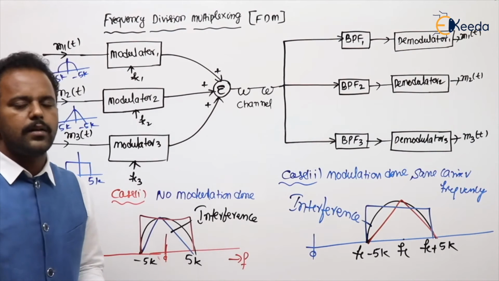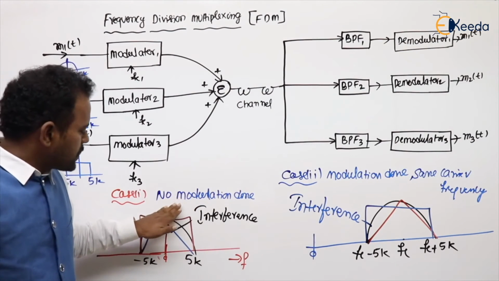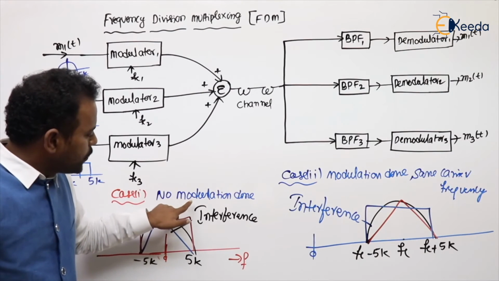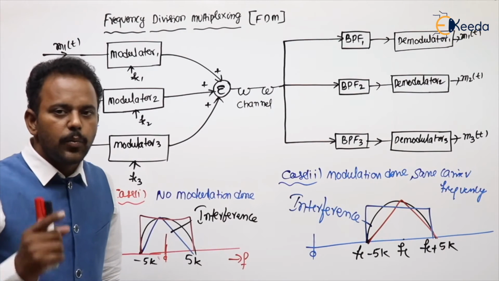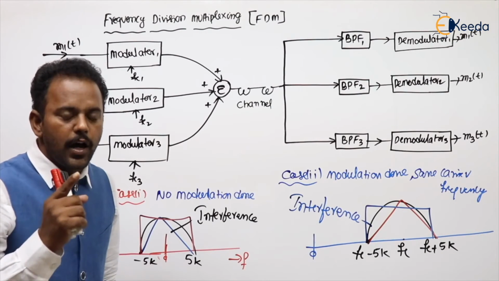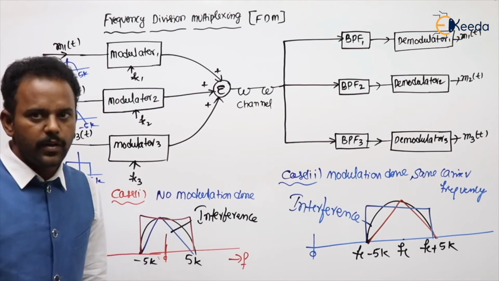Understand my point or not? So the first case suggests that you need to go for modulation. The second case says that you must take different carrier frequencies. Are you getting my point?